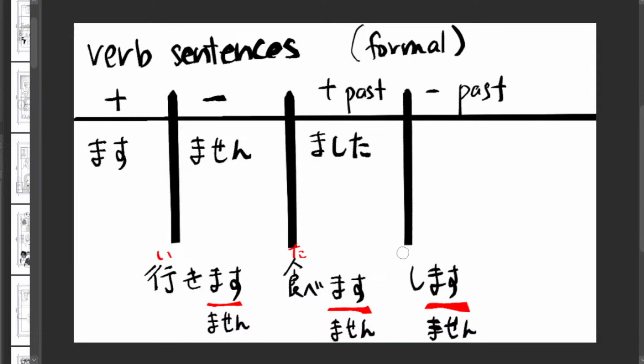I did: shimashita. So masu, masen, mashita. Mashita is the past tense, and negative past tense is masen deshita.